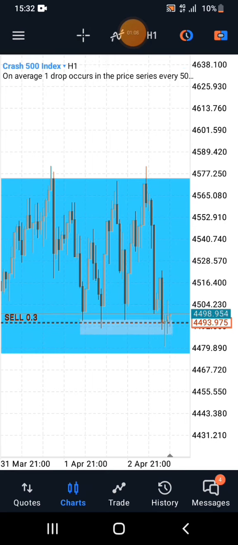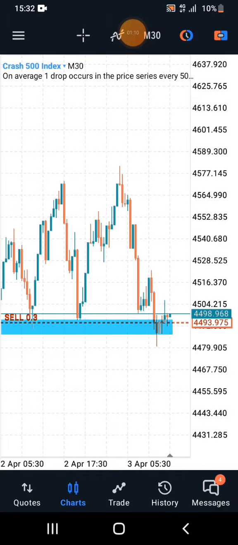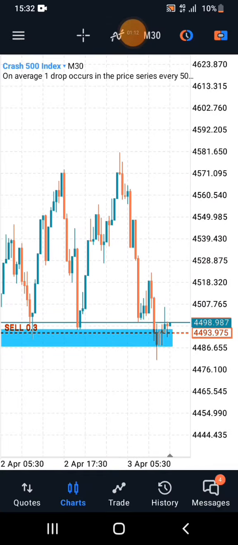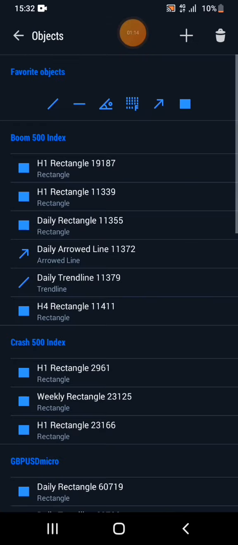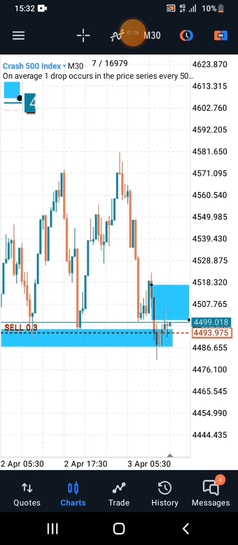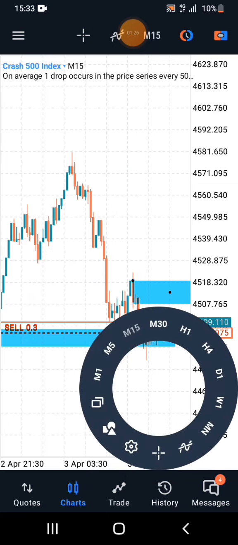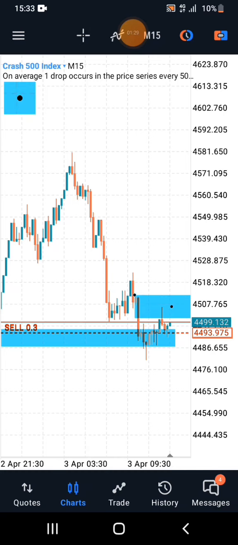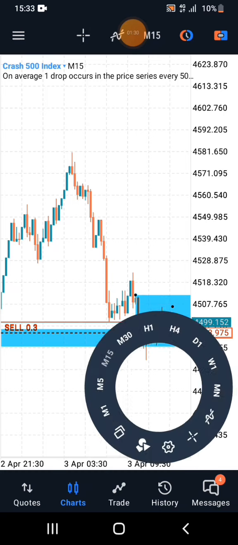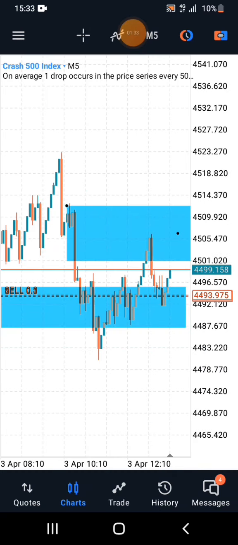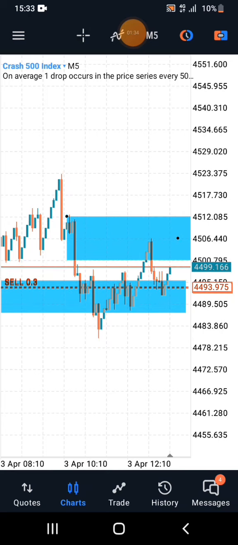So that means we are not good, so we are just going to close, and probably the market is going up and is trying to reverse from this. It's probably going to reverse on this other block on the 30-minute, because even on a 15 there is nothing significant, there is just this minor. And if I go on another time frame, there is nothing I can talk about here.